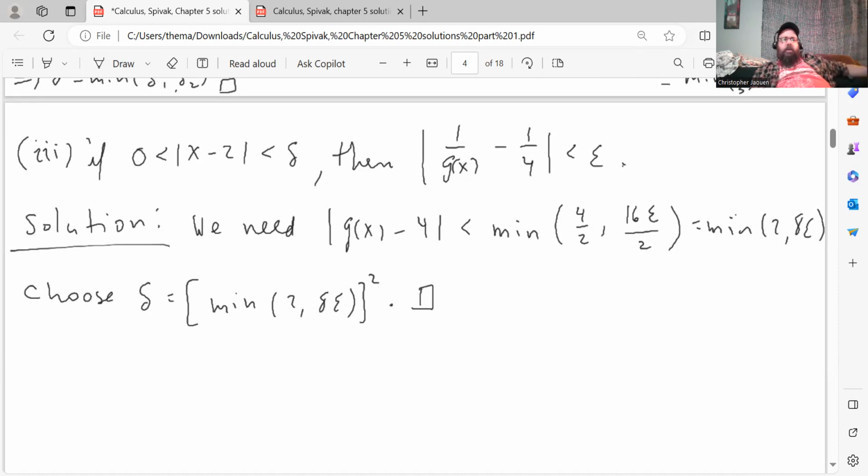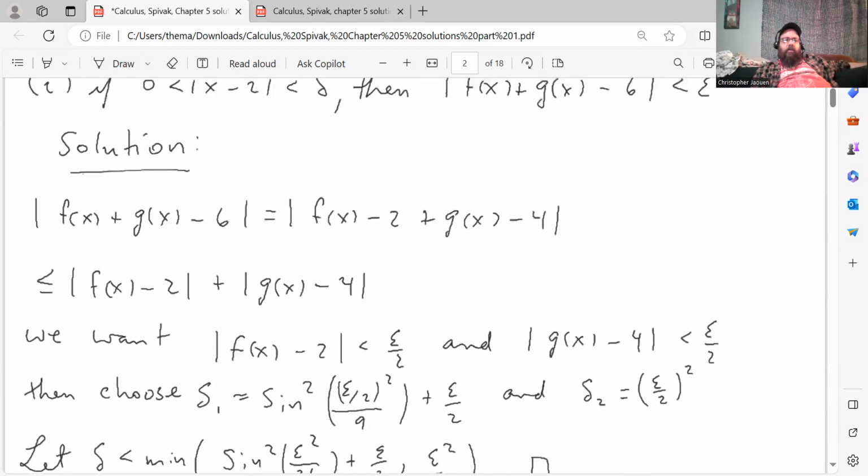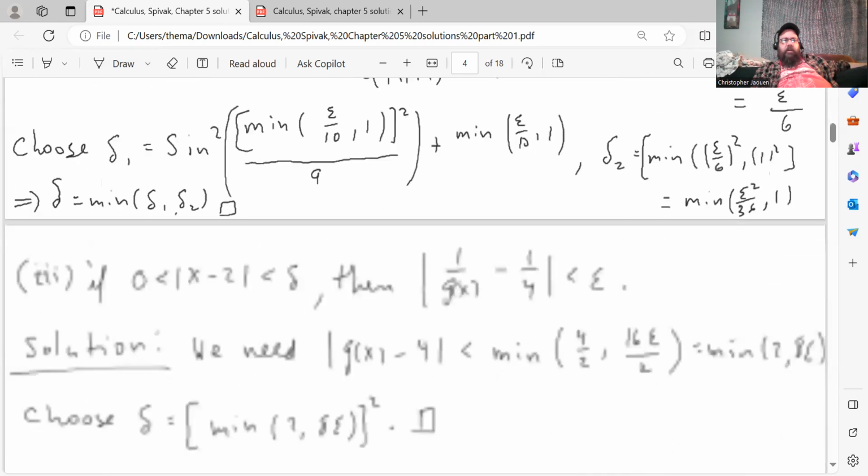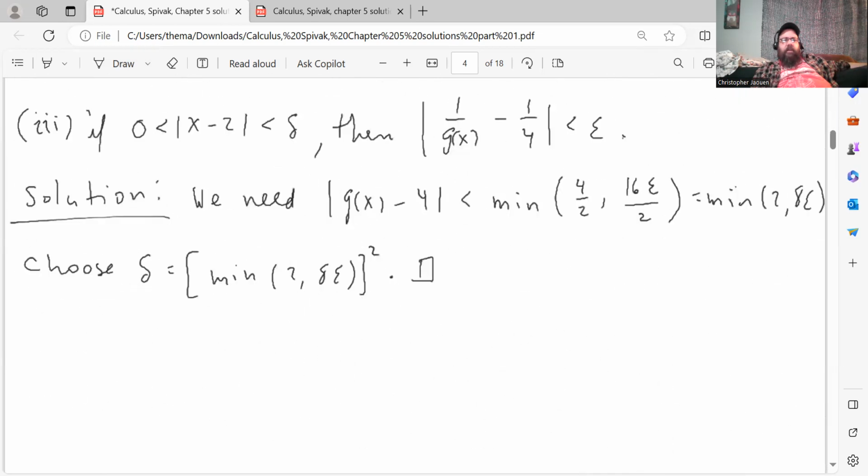Using the lemmas from the chapter, we need |g(x) - 4| to be less than the minimum of 4/2, 16 epsilon/2. If you simplify these, you get min(2, 8 epsilon). So going back up here, using this property, you just take the square of that and take that to be delta, and that gives you what you need in order to make this less than epsilon.